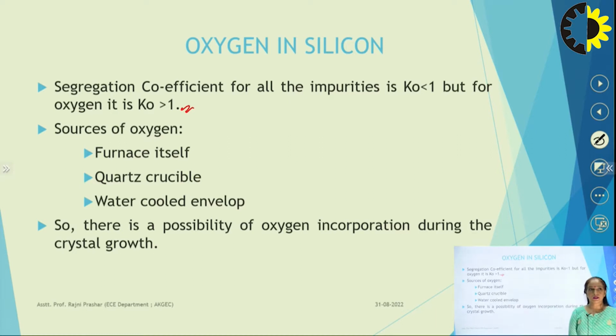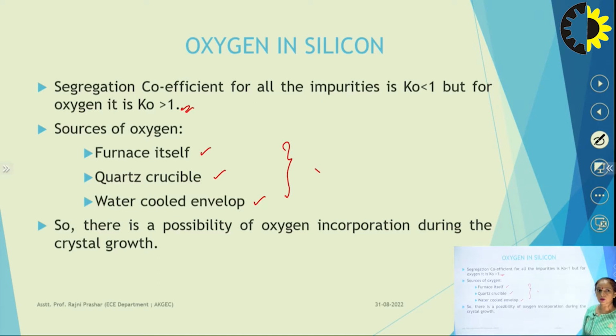Where does this oxygen in the silicon wafer come from? It comes from the furnace itself, it may come from the quartz crucible, and in the process we also use some water coolants so that the silicon ingot can be cooled simultaneously. So, because of all three possibilities, we have oxygen in the silicon ingot.